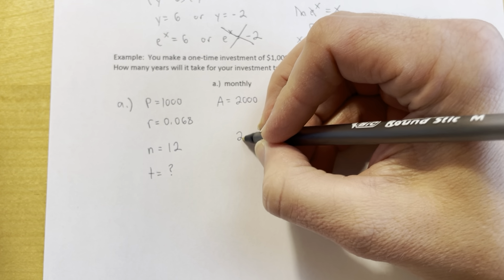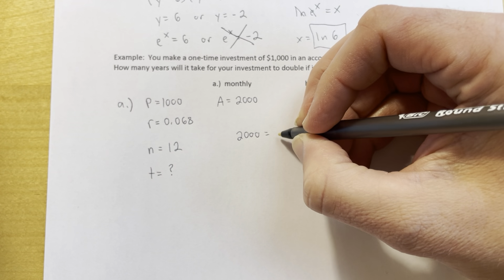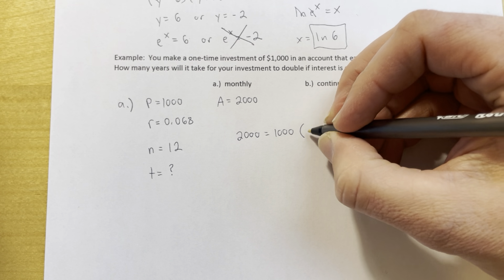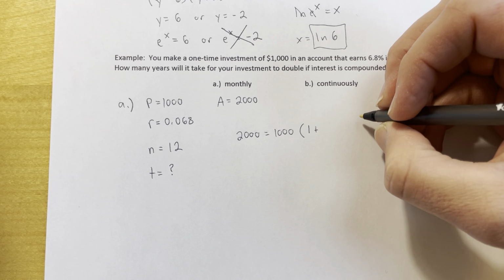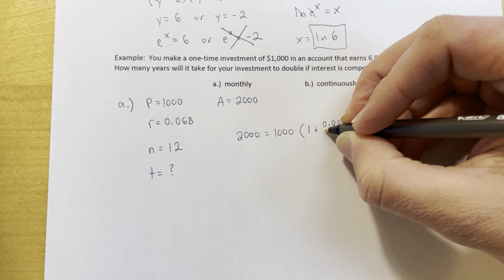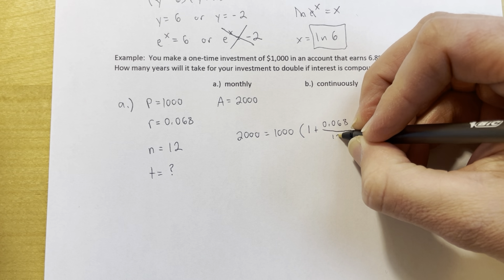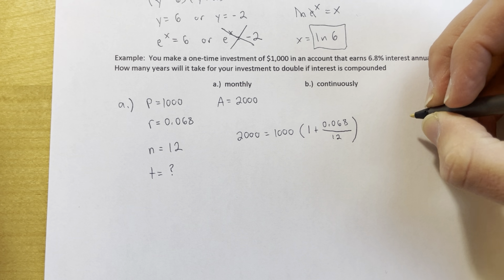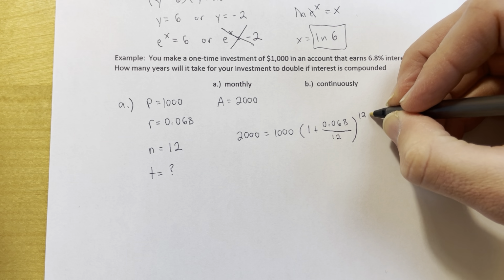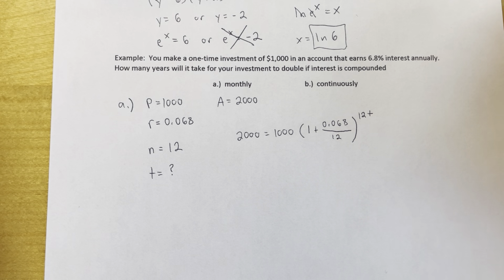So 2,000 is equal to my principal, 1,000, times 1 plus r over n, so 0.068 over n, which is 12. And then I'm going to raise that to the power of n, again 12, times t. And we don't know t, so we just call it t.